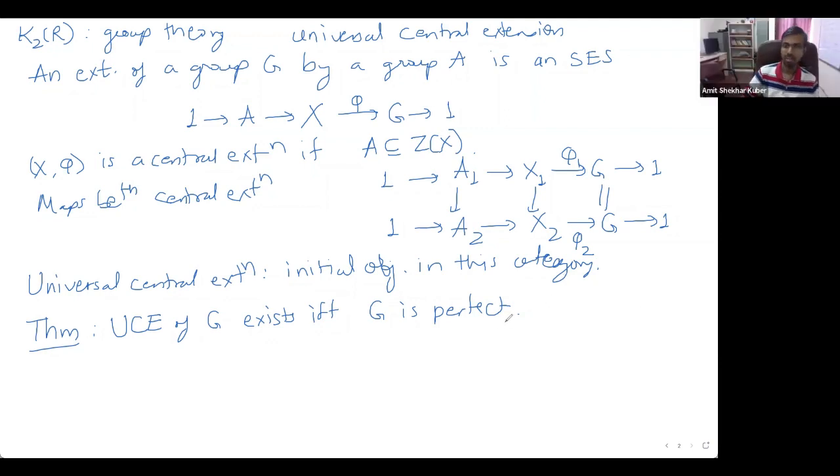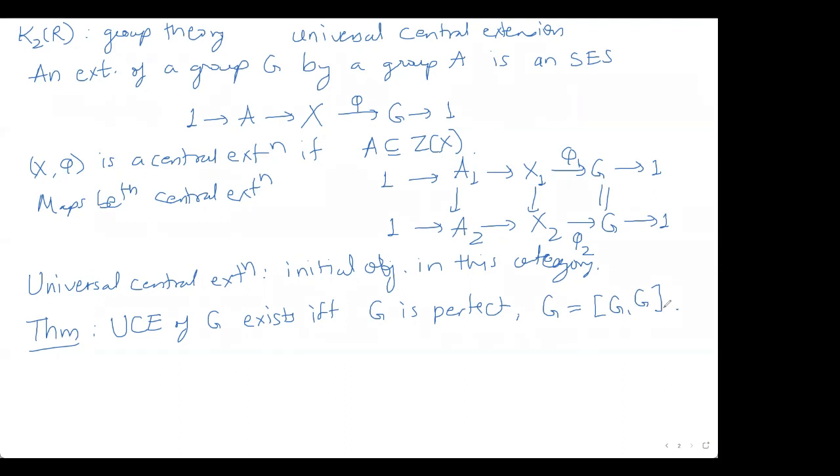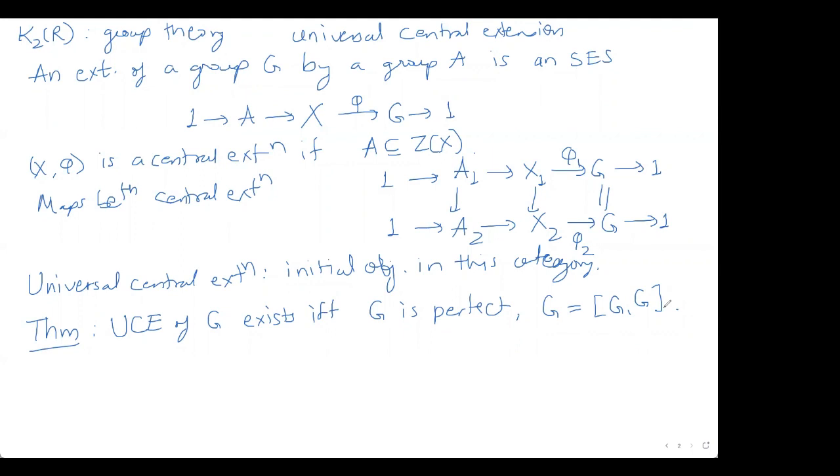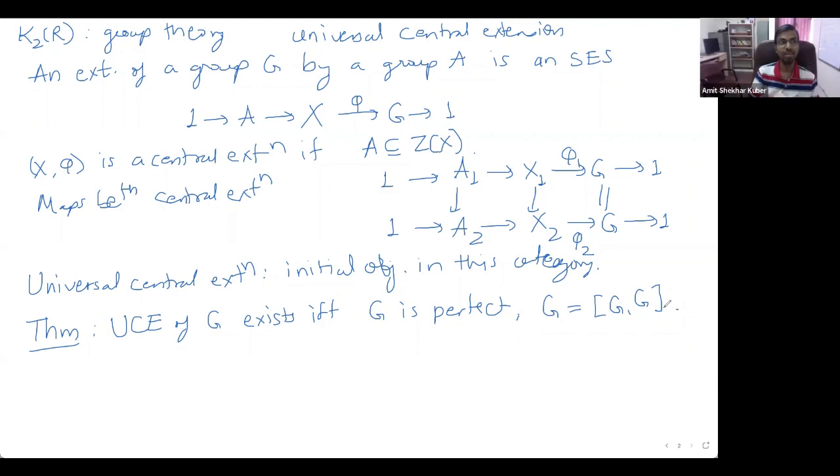Yes, G is equal to its commutator subgroup. Have you seen an example of a perfect group while studying K1? Elementary group, exactly. The infinite elementary group. That was a perfect group. That is how we are going to motivate this.